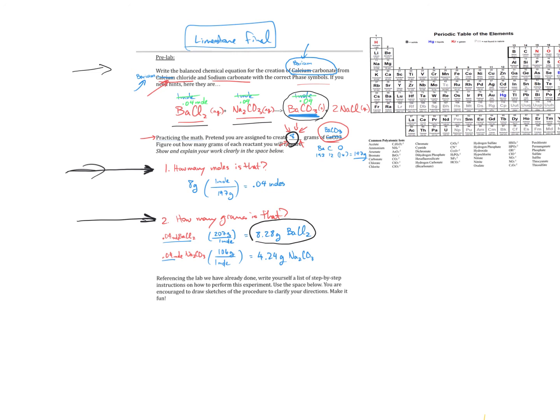I'm going to make a solution that has 8.28 grams of barium chloride and a solution that has 4.24 grams of sodium carbonate. And then that's where I start to try to make my goal of 8 grams of barium carbonate. And it's that simple, folks. That simple.